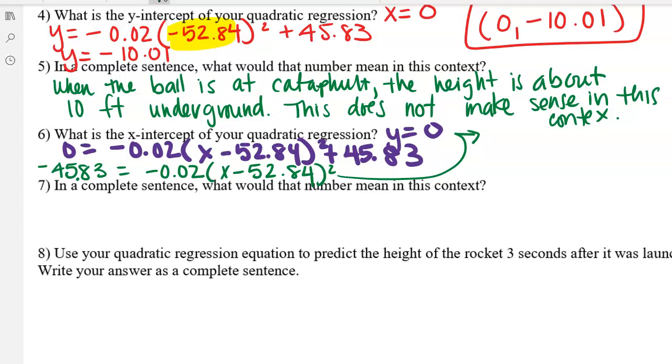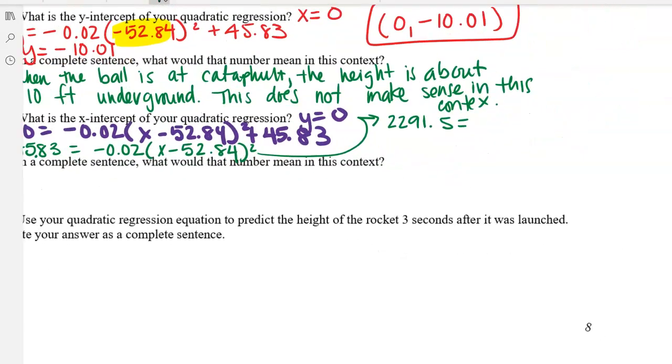Can you try it again, please? Negative 45.83 divided by negative 0.02. 2,291.1. One more time. 2291.5. Someone confirm? Okay, thank you so much.